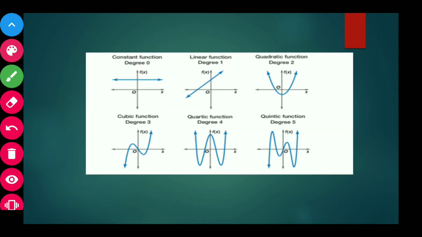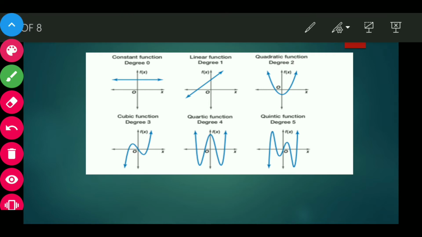Now we will check the degree of a polynomial graphically. Remember that the number of times the graph of a polynomial cuts the x-axis is the degree of the polynomial. Now see the first graph. Here the degree is 0. You can clearly see that f(x) is not meeting the x-axis at any point. Now see the second one: f(x) is intersecting the x-axis only at one point, so the degree of this polynomial should be 1.